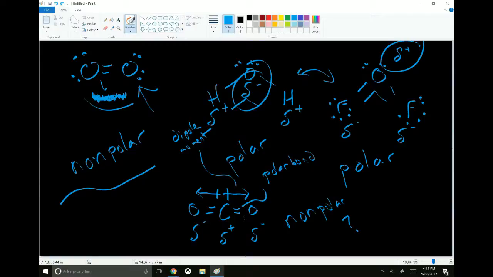So you have these two polar bonds, and they're pulling in opposite directions. Now, it's a perfectly matched tug of war. So, as a result of being perfectly matched, the molecule is nonpolar, but the individual bonds are polar.